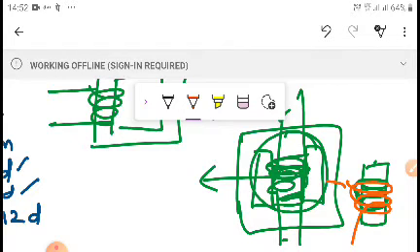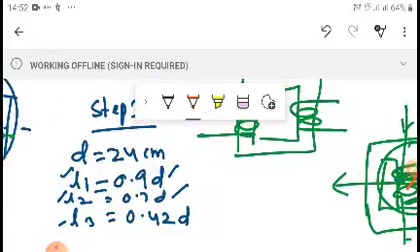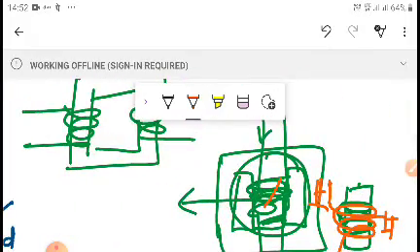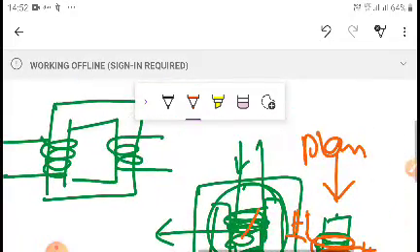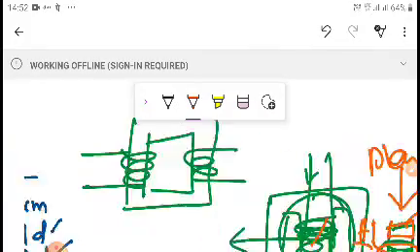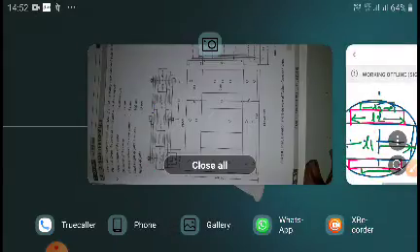So this is the HT winding, this is the LT winding, both windings on a central limb. Okay, here I am going to see this side plan, then I am going to get it here. So this core material is a 3-step here, so similarly we are going to see here.